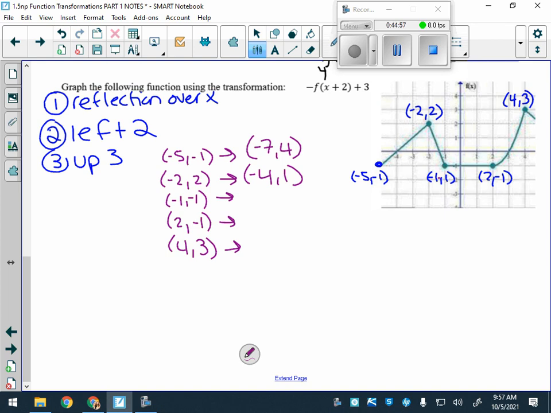You have to reflect it first. So you have -1, 1, but I move to the left, so -3, 1. Then I have to add 3. So -3, and then 1 plus 3 is 4.